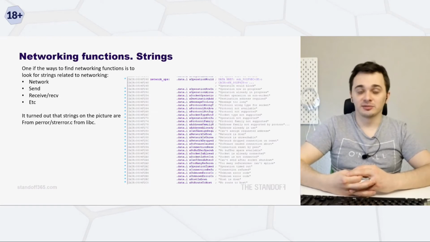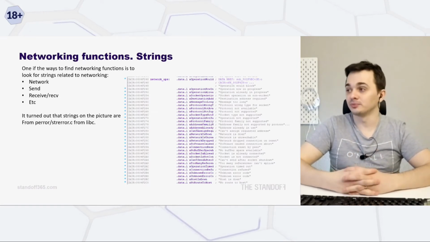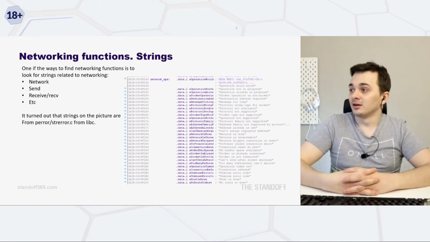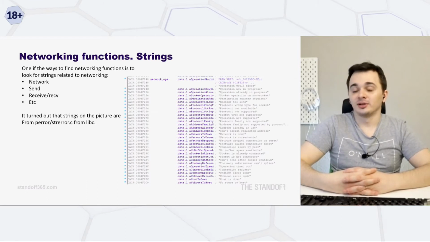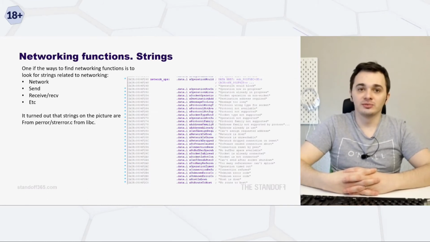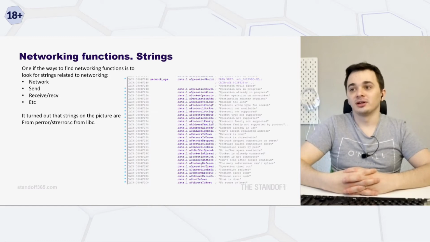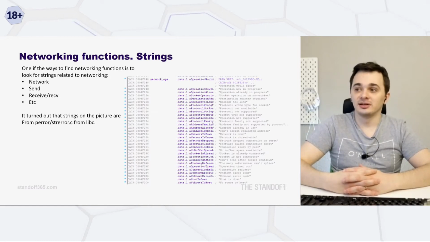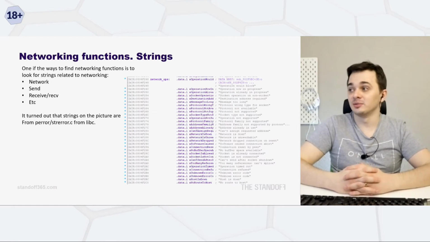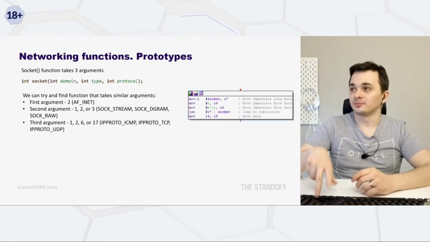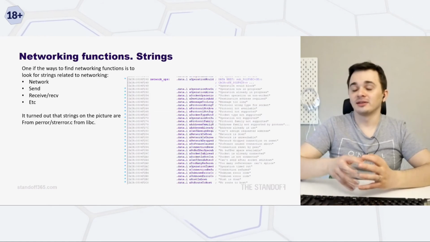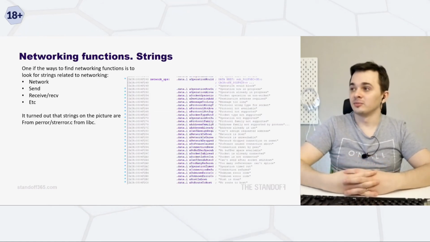We discovered in this firmware, and it's actually the firmware we tried before as we learned how to upload firmware to IDE. So this is how we found those strings, and when we Googled them, it turned out they were functions from the traditional libc, and they were strerror and similar functions.